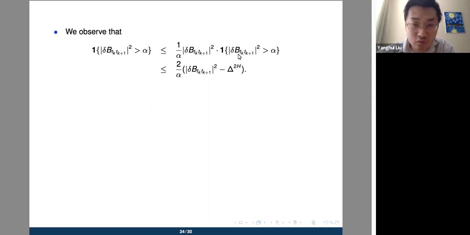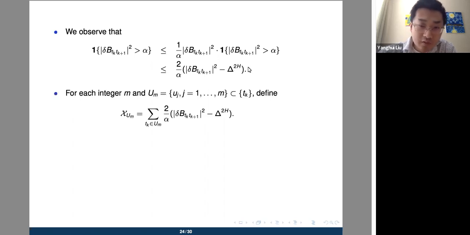This is obviously true because the multiple is greater than 1. Next, we can subtract this increment squared by delta to the 2h, and then we can take away the indicator function. Now you see I can bound this indicator function by a term in the second chaos. This guy is in the second chaos.